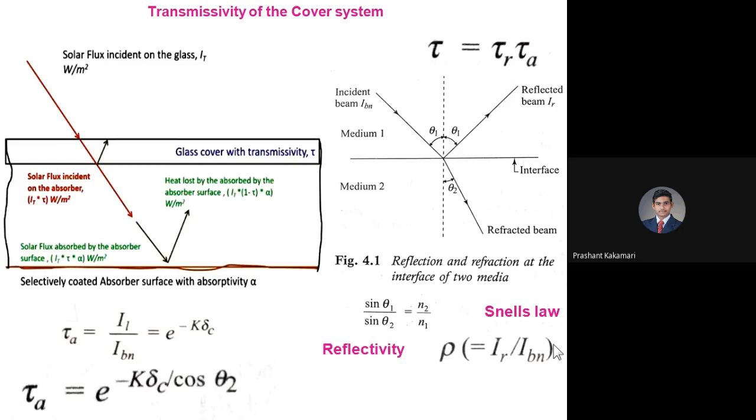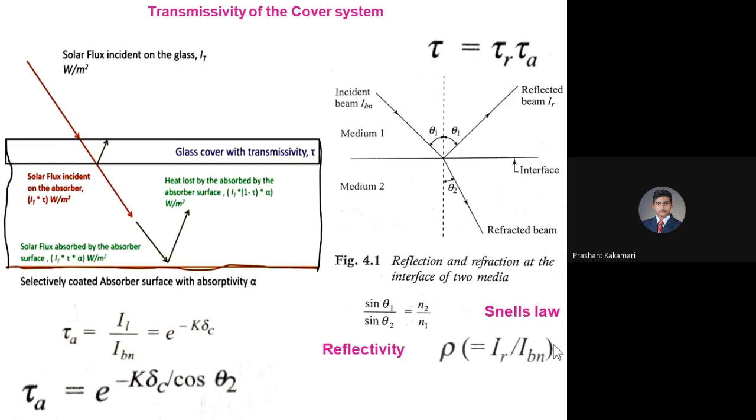So how much it is reflecting relative to the total radiation applied on that surface. That ratio gives the reflectivity of the given surface. That is denoted again by rho. So rho in the entire subject is the reflectivity of the given rays.